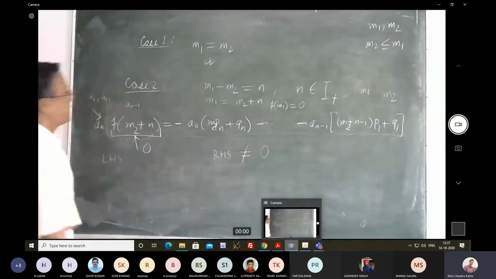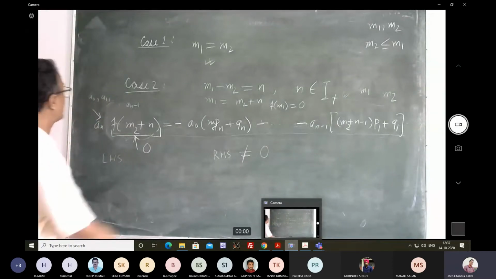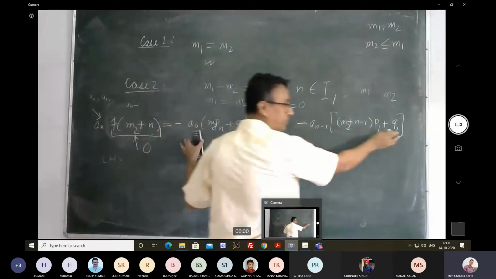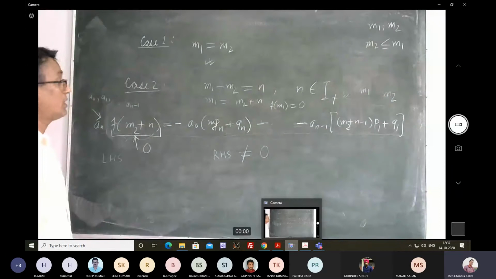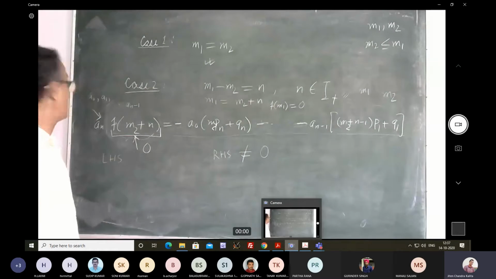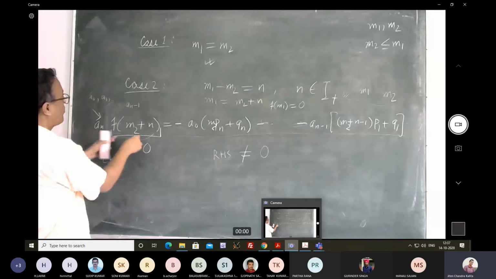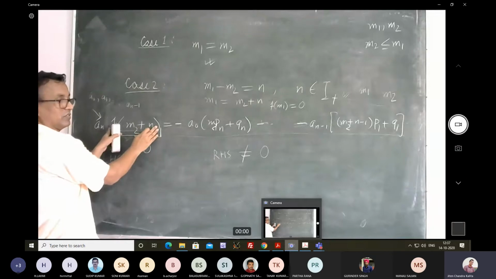Okay, fine. See, now from the recurrence relation, I have found out this. So it may so happen that, obviously this one is 0. Obviously this one is 0 now. Isn't it?